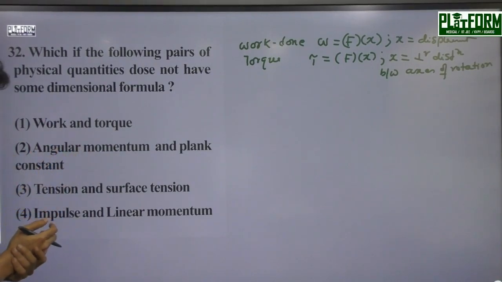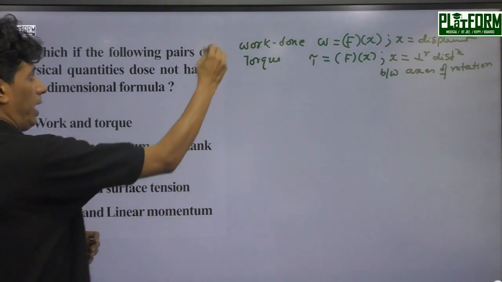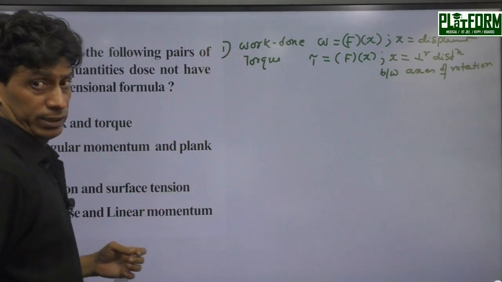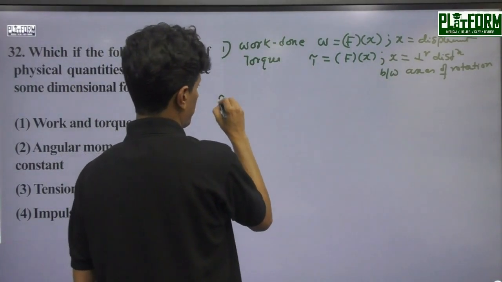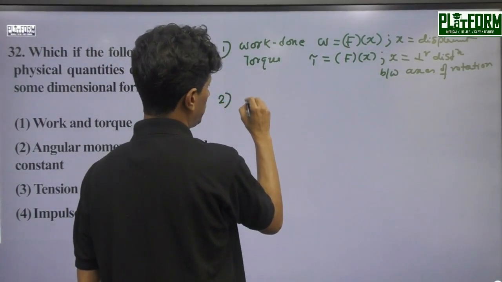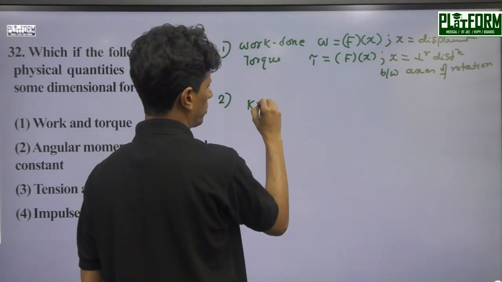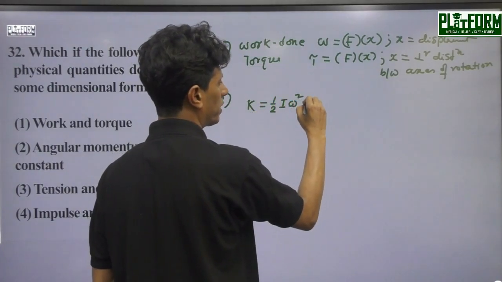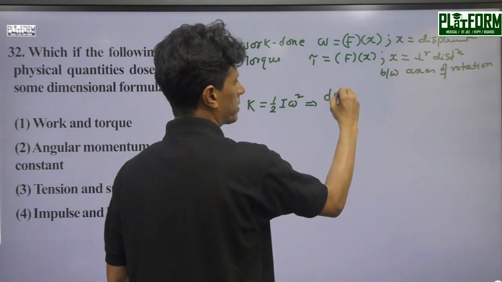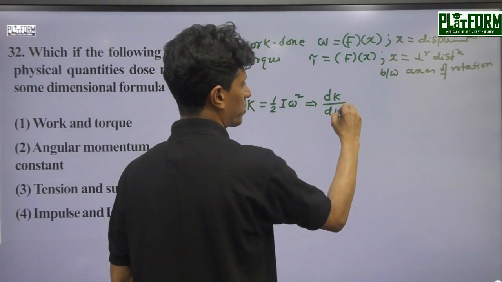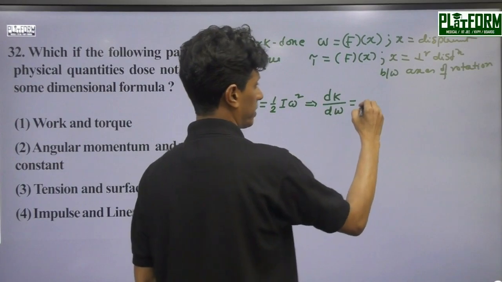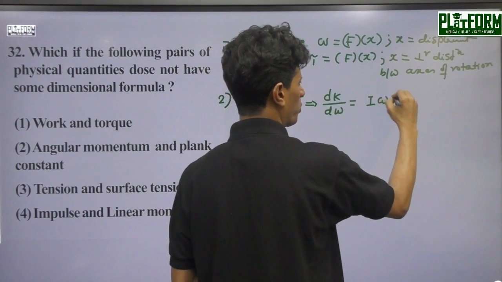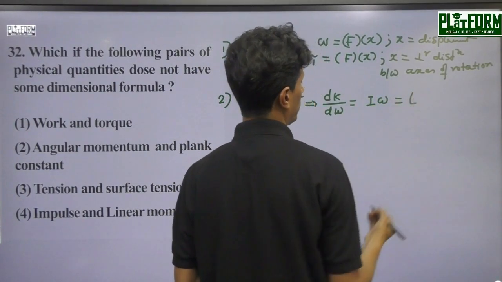Angular momentum and Planck constant. Angular momentum, we know rotational kinetic energy is equal to half I omega square. Differentiating both sides with respect to omega, we can write it is I omega, and I omega is equal to angular momentum.